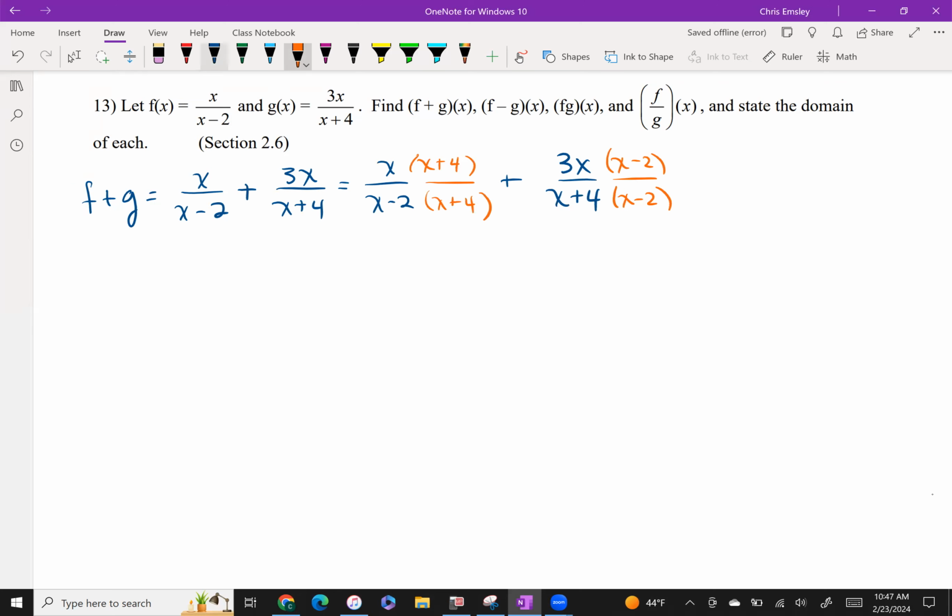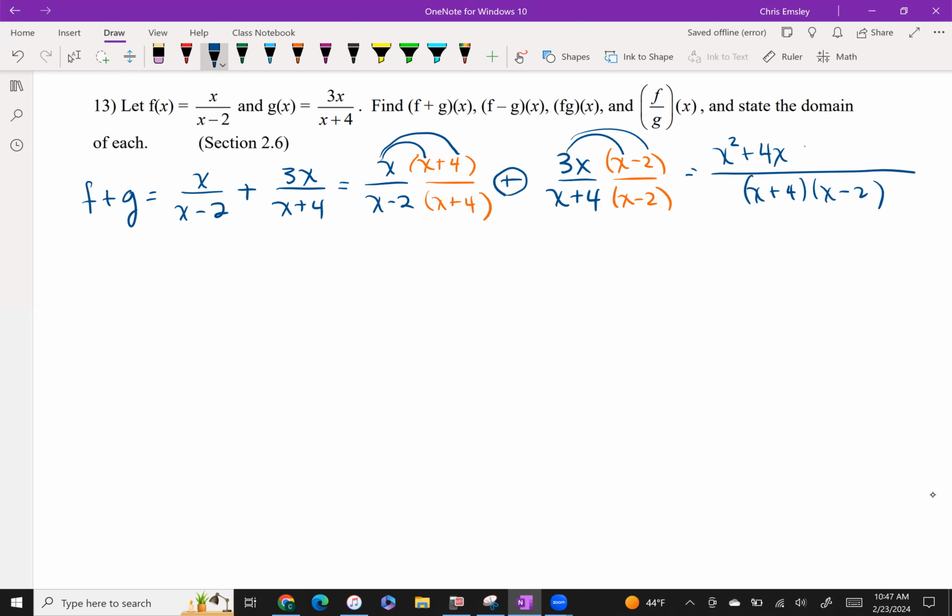Once we have that common denominator, we're going to put these together as a single fraction with that common denominator. And we're just going to add our way across the top. I'll go ahead and distribute here as we add. So I get an x squared plus 4x. Positive 3x gets distributed.